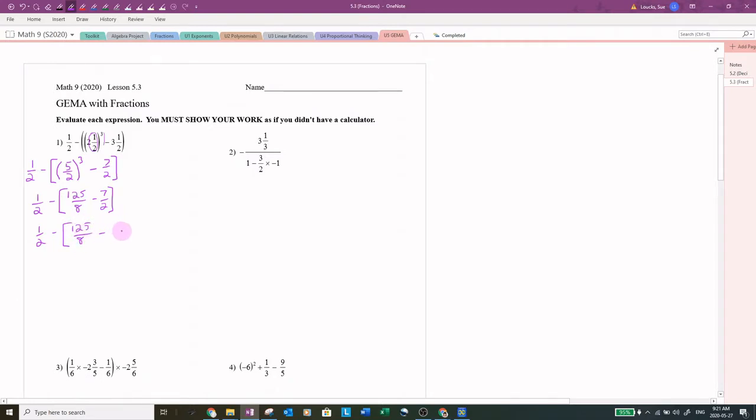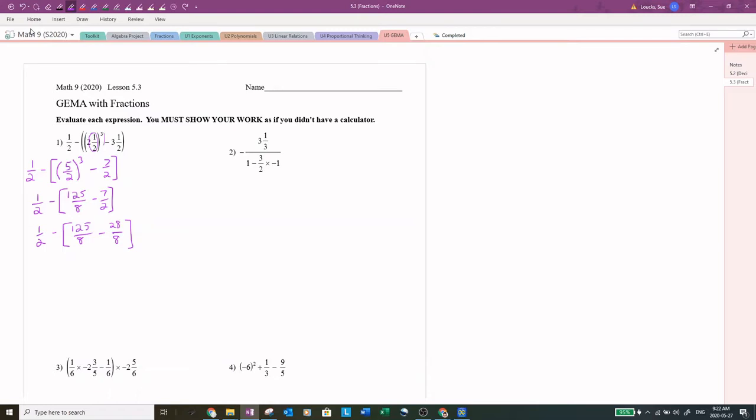Notice that when I do this, I'm going to write the denominator down first. I put the 8 first, and then I go, okay, what did I need to do to the 2 to go from 2 to 8? I had to multiply by 4, so 7 times 4 is 28. But I'm always going to write the denominators down first. I'm a fan of be smart about your lazy, and the more you put down on your paper, the less you have to juggle in your brain.